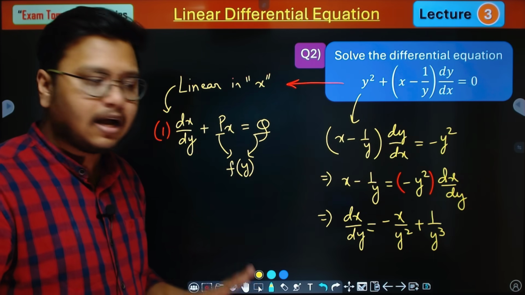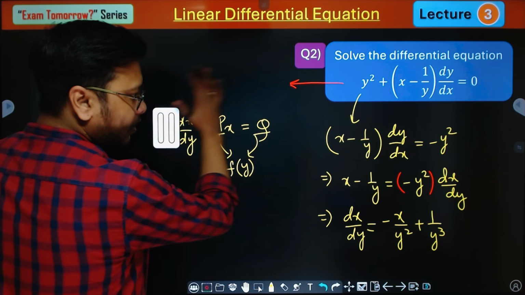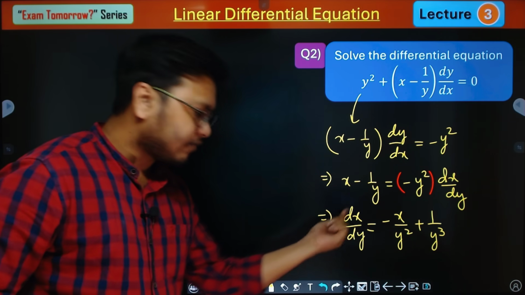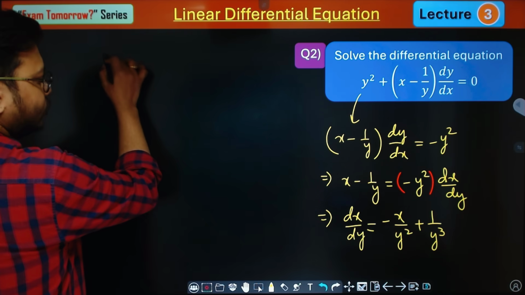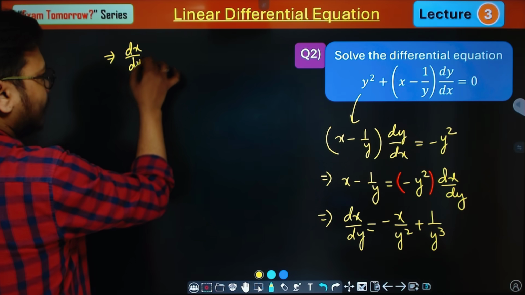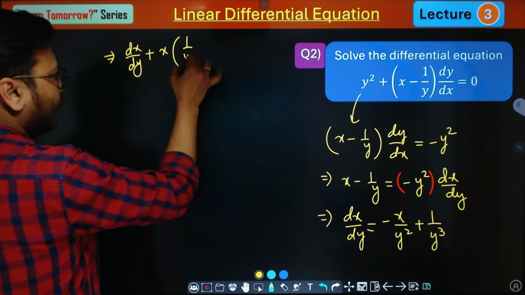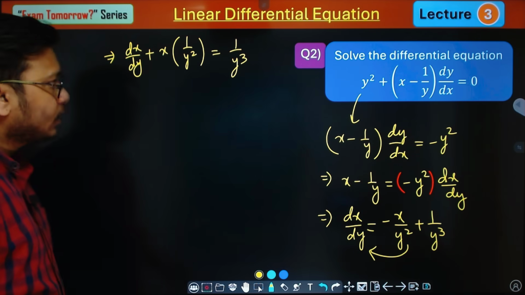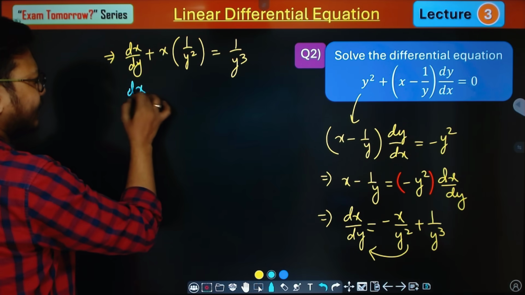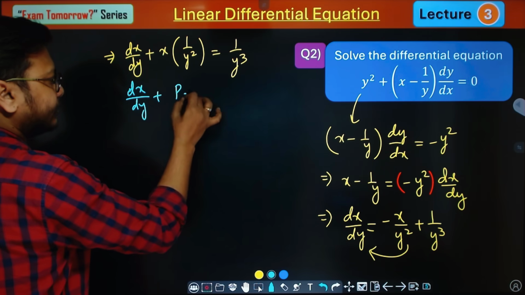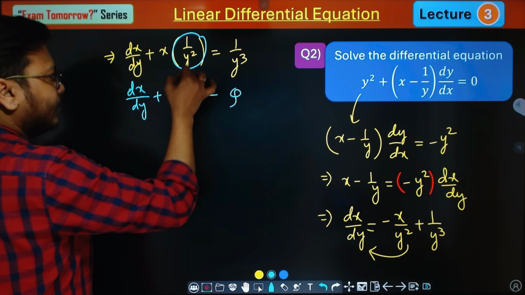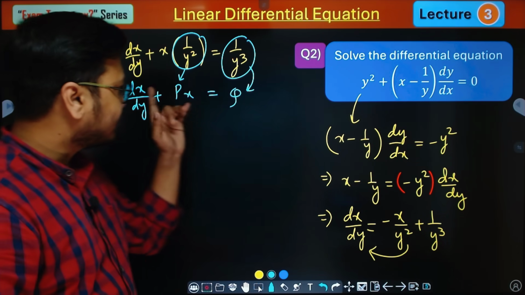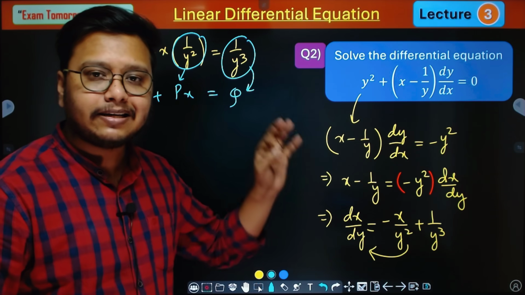Now I'll bring one of the terms to the left side to match the format, so it's dx/dy plus x into 1 by y square equals 1 by y cube. You can see this is of the format dx/dy plus px equals q. So 1 by y square is your p, 1 by y cube is your q, which are functions of y only. So it has been arranged in the format linear in x.